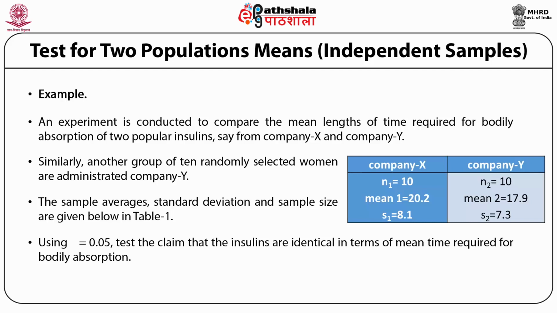To better understand this question, we can say that there are two populations. One is the dose from company X, and the other population is the dose from company Y. We are trying to test whether the mean of the variable under study for population 1 is equal to the mean of the variable under population 2, so we have made it a null hypothesis.